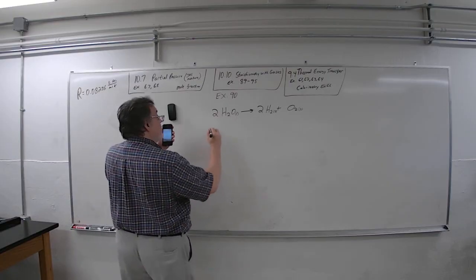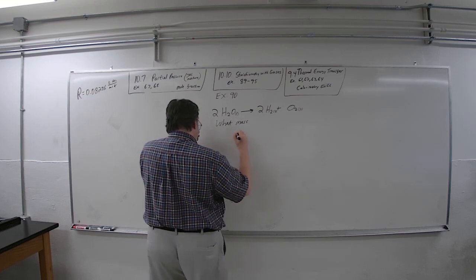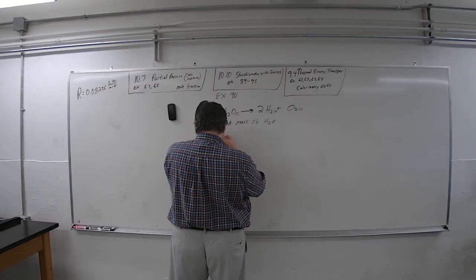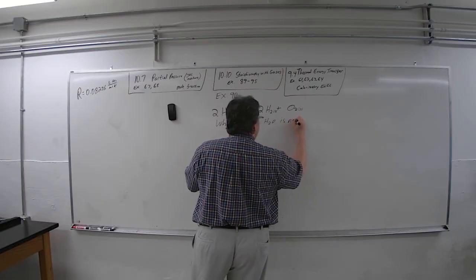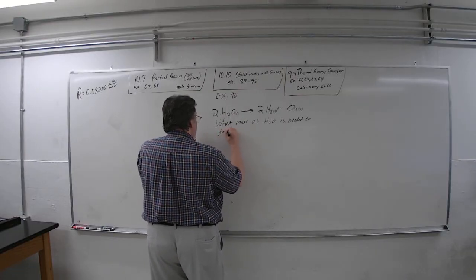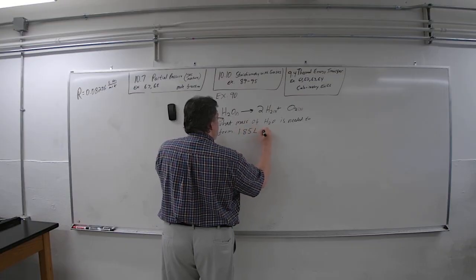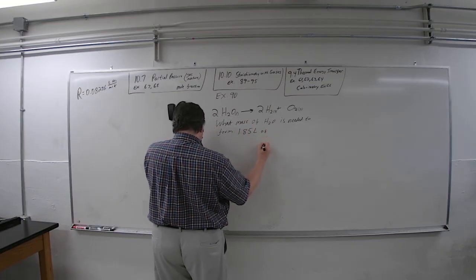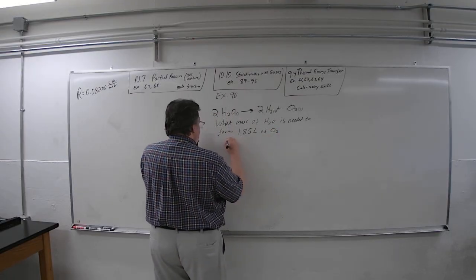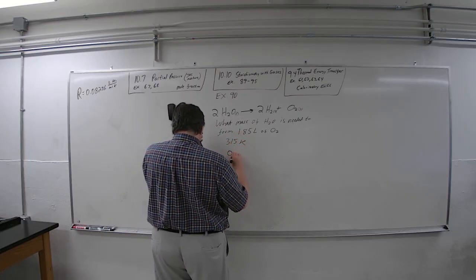And you're asked, what mass of H2O is required to produce O2? 315 K for temperature, 0.981.